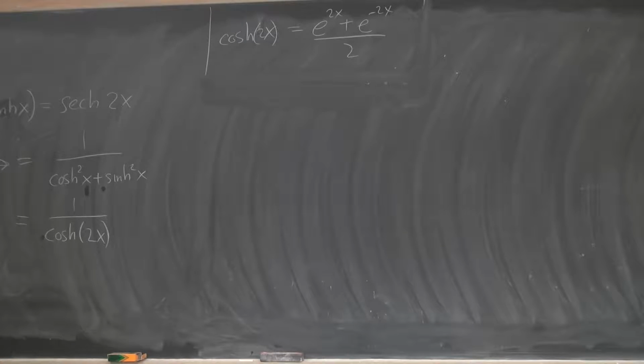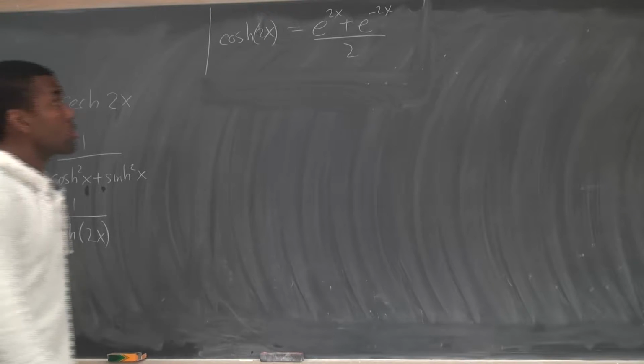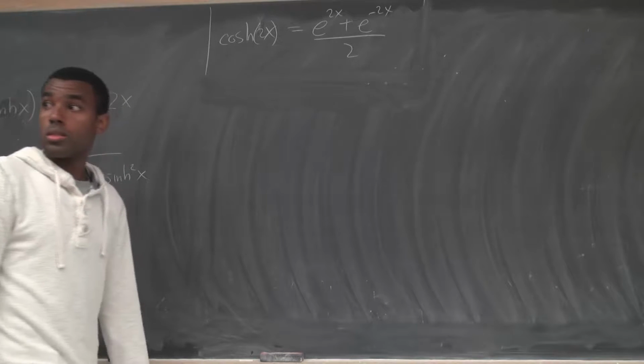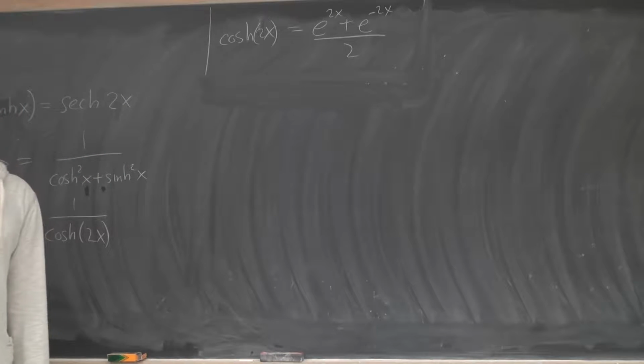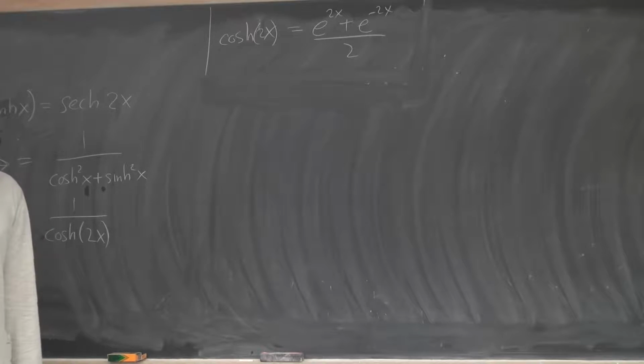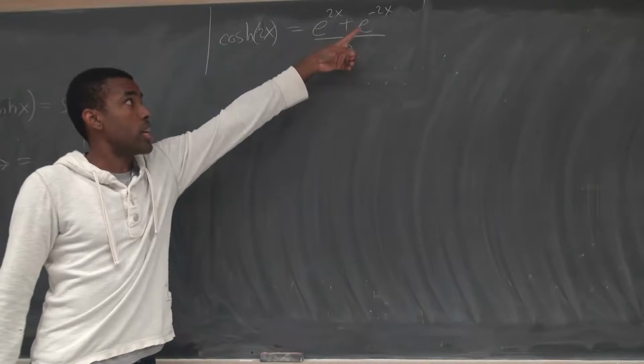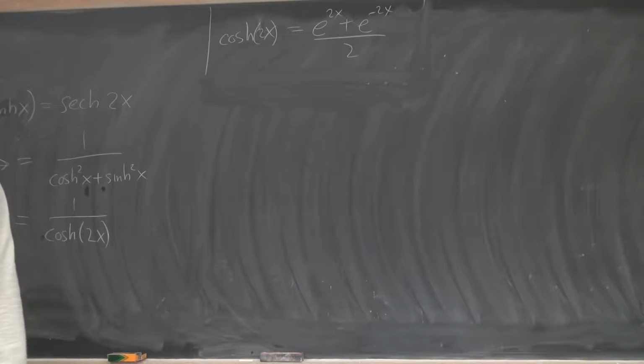E to the 2x is the same thing as e to the x squared. That's correct. And then what would you do with that? So I can write this as e to the x squared and that as e to the minus x squared.